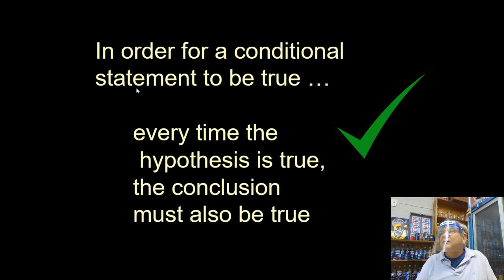Yesterday, I repeatedly used the example of if you get 93%, then you'll get an A. And the whole idea there is that probably is a true statement because according to the Garrigan grading scale, if you do get 93%, I'm supposed to give you an A, or at least an A minus. And so, yeah, if the if part happens, there's a pretty good chance the then part's going to happen too.